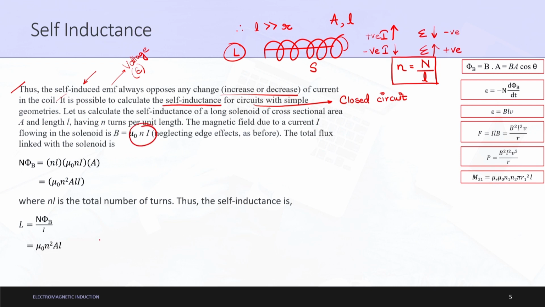This is a similar concept to what we talked about when discussing mutual inductance. So B is nothing but mu naught into n into I. What is n? n is the number of turns per unit length. What is I? I is the current passing through the solenoid. Again an assumption is being used here: neglecting edge effects.